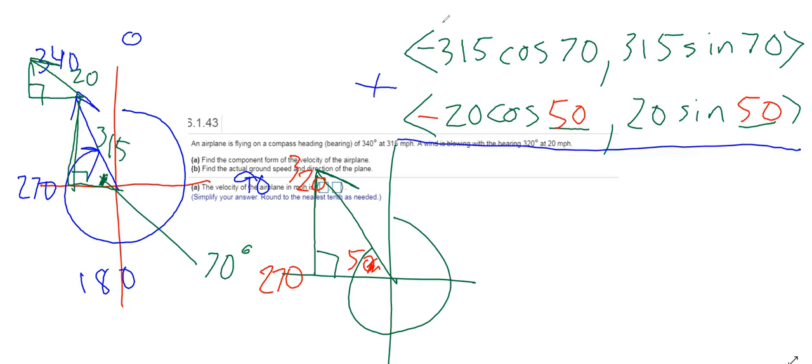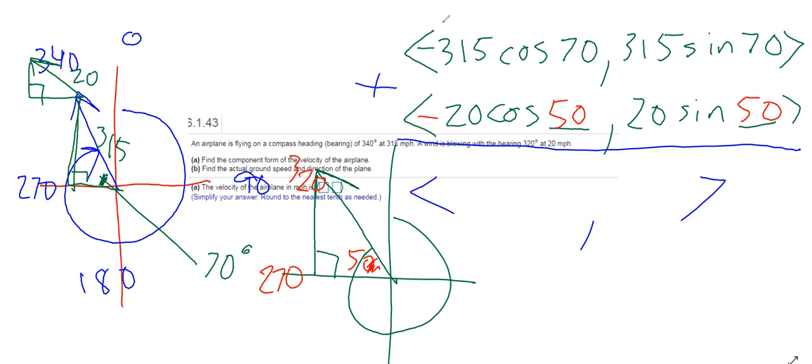What are we going to do with these two vectors? Add them together. So you will need to figure out what their sum is by adding the x and the y components. The first part of this Math Excel question was find the component form of the velocity of the airplane. Well, that's what you would get down here, whatever those two things are. And yes, they're going to ask you to round to the nearest tenth.